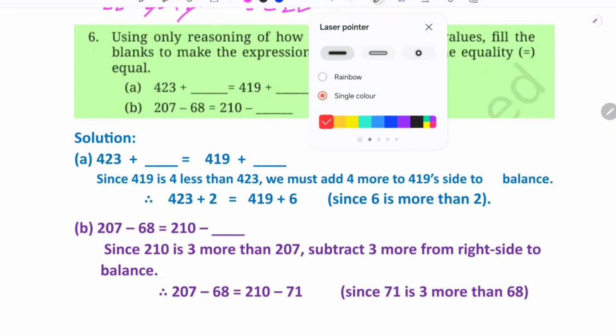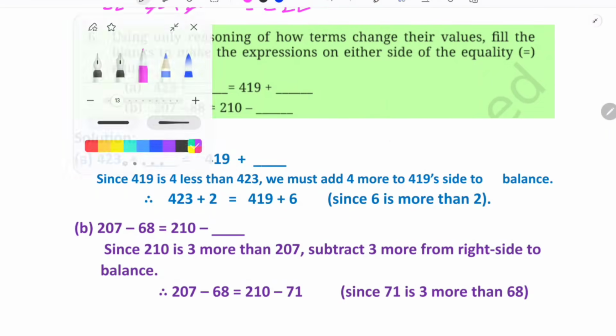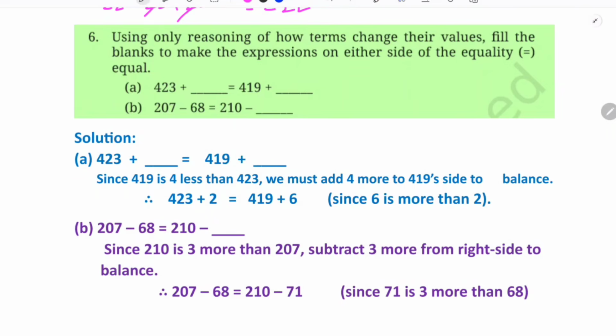You may have other options also, but one possible option is 423 plus 2, that is 425, equal to 419 plus 6. So the left hand side and right hand side now satisfy the equality sign. You can do some other way if it is feasible, that also you can do.